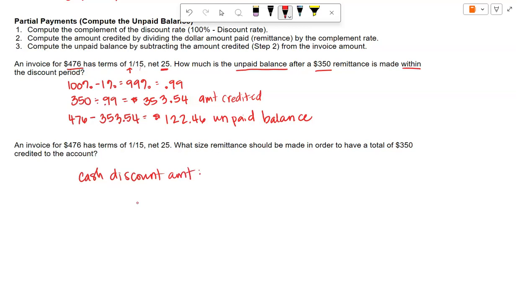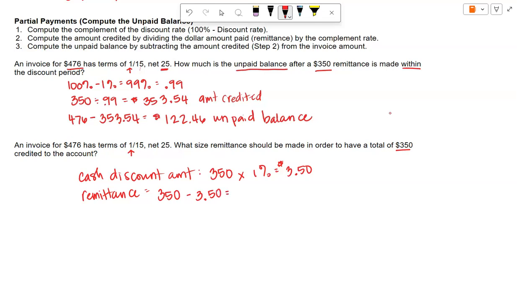To do that, I'm going to take the $350 and multiply that by the 1% here. This gives me $3.50. The remittance is the amount that I want credited, so $350 minus the cash discount amount.